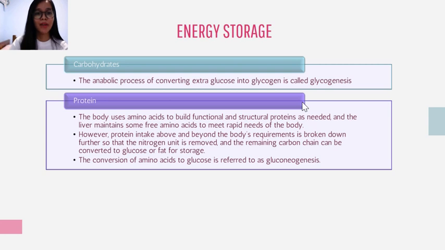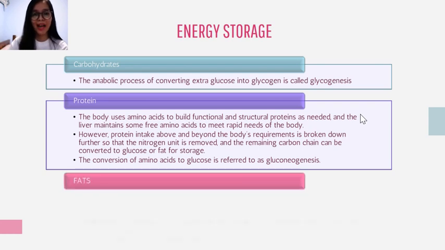However, protein intake above and beyond the body's requirement is broken down. It's not stored as muscle. It's broken down further so that the nitrogen unit is removed and the remaining carbon chain can be converted to glucose or fat for storage. The conversion of amino acids to glucose is referred to as gluconeogenesis.